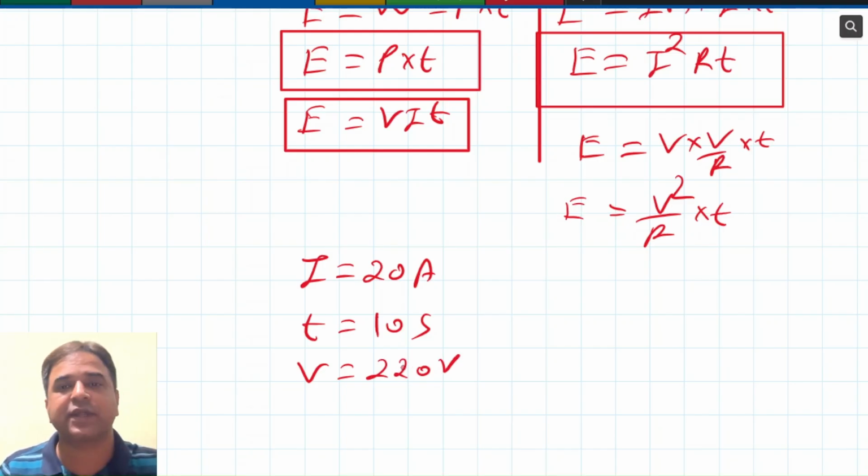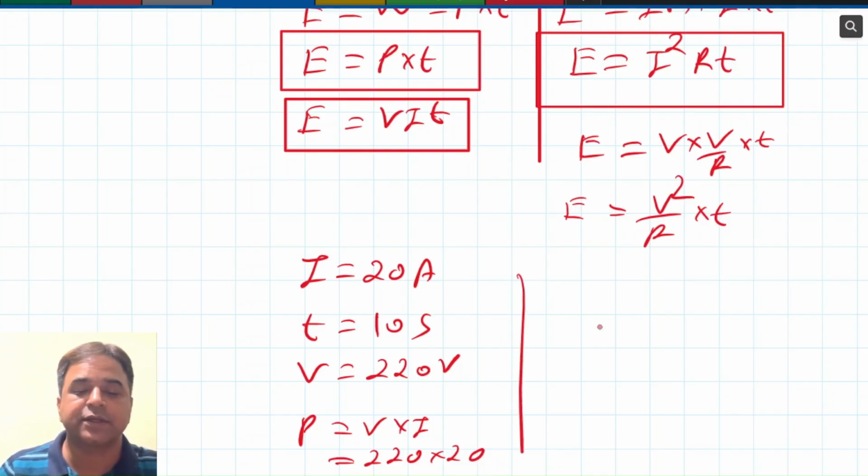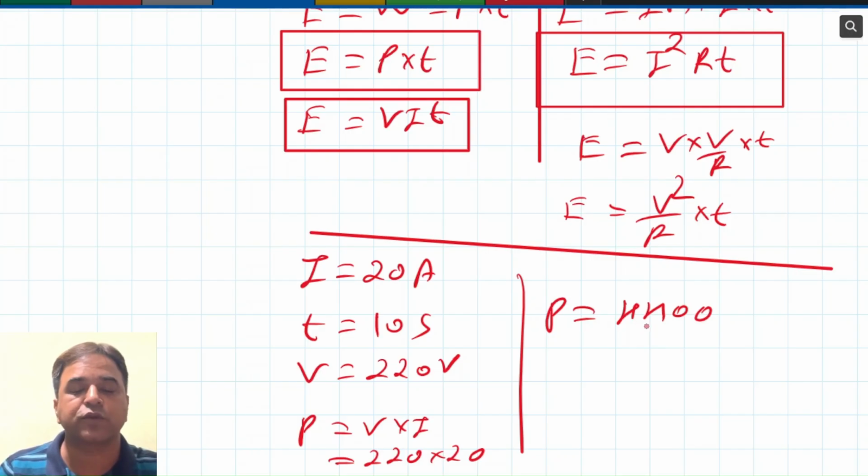It may be further asked how much power there will be. So power is equal to V into I, which is 220 into 20. Power you will get is 4400. Now one more thing, what is the SI unit of power? It is watt.